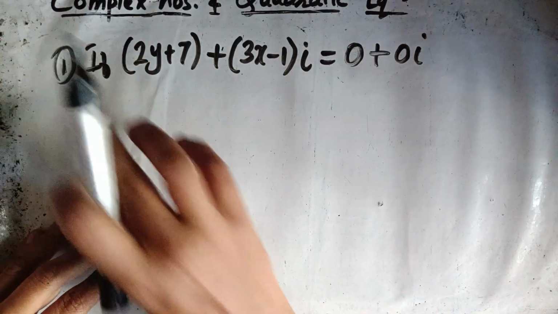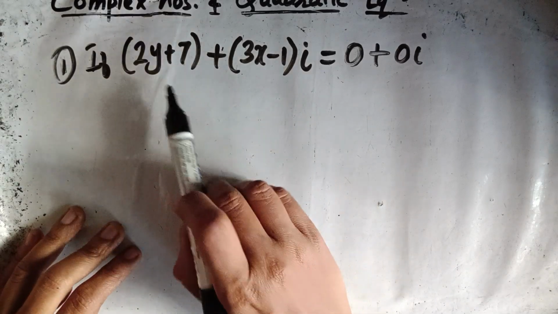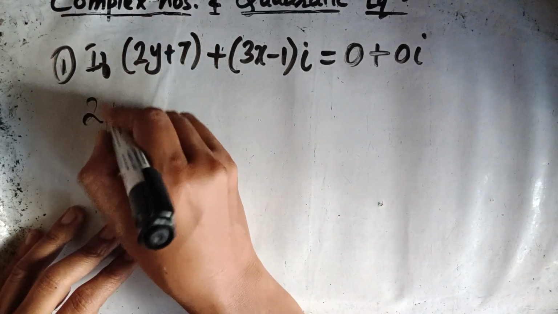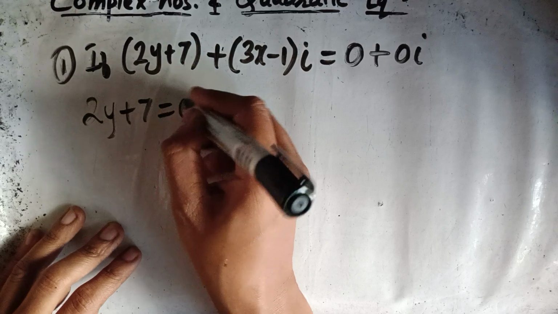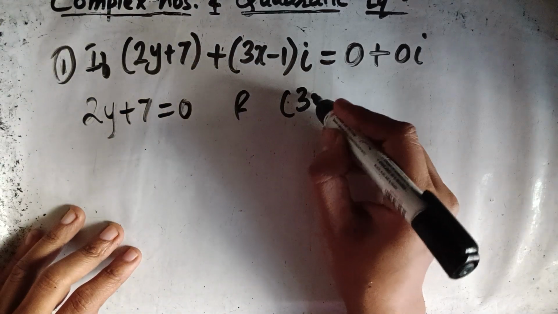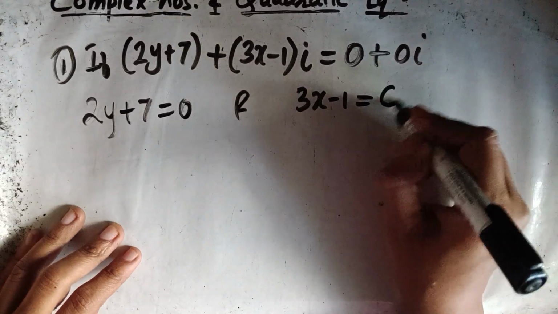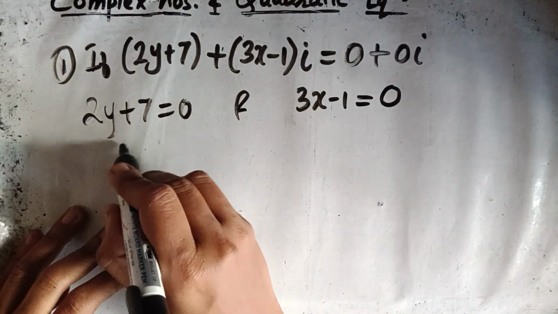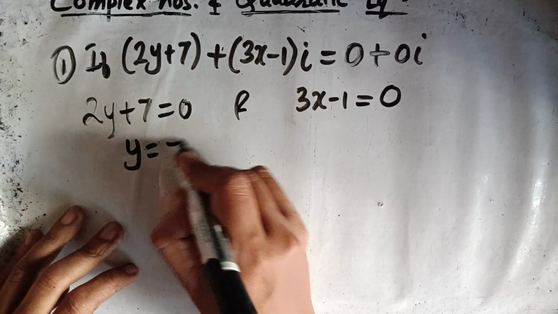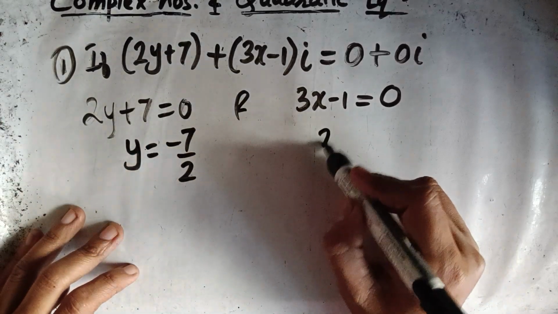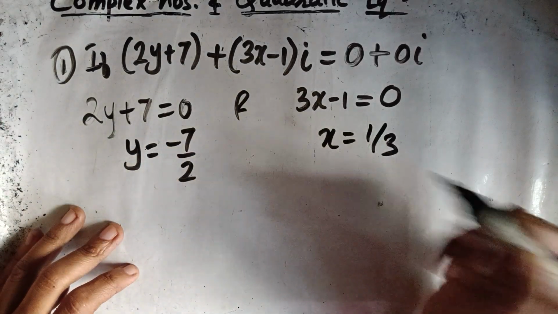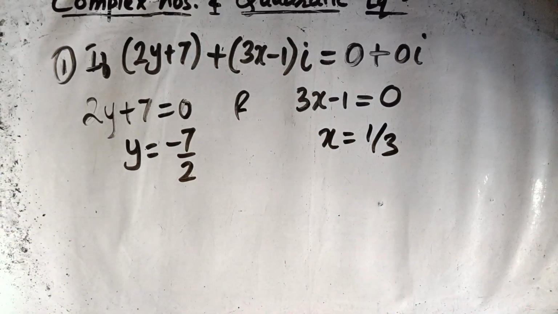And complex numbers are equal if and only if their real parts are equal and their imaginary parts are equal. So y is equal to minus 7 by 2 and x is equal to 1 upon 3. So this is x and y.